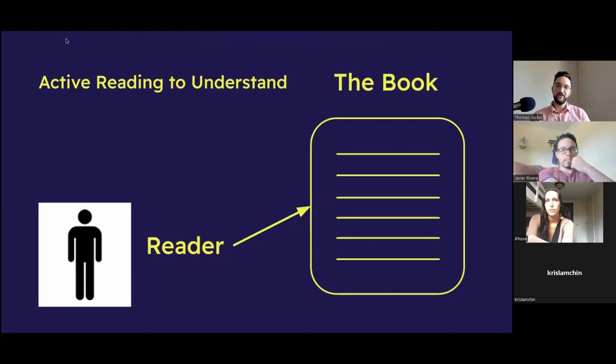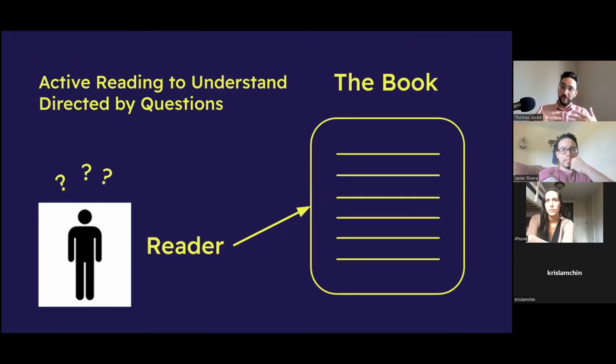So for example, when a reader engages with a book or a piece of text, the general literature, not just Adler's arguments in How to Read a Book but also research in education since then, shows you're most effective when you are directing your reading by questioning, by asking a question.